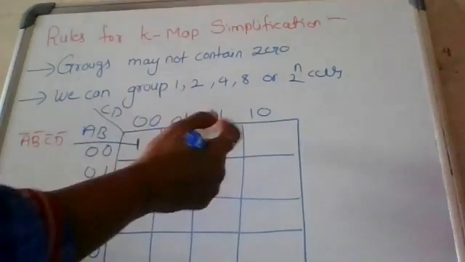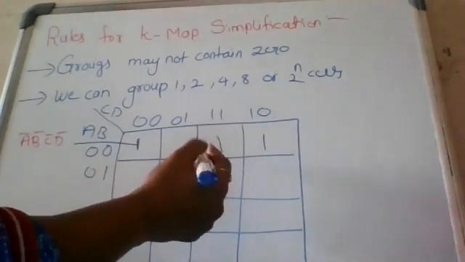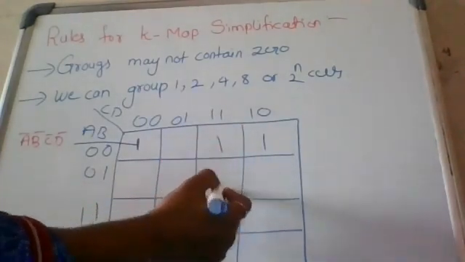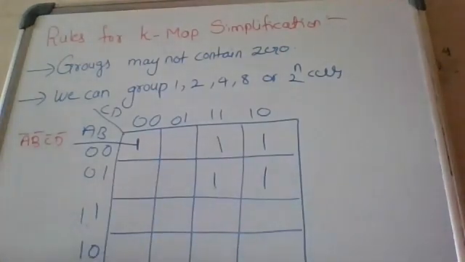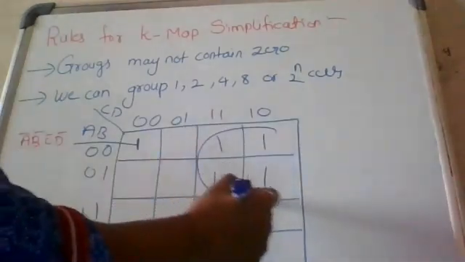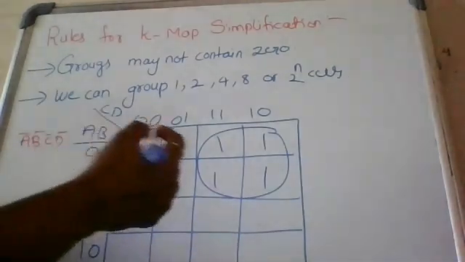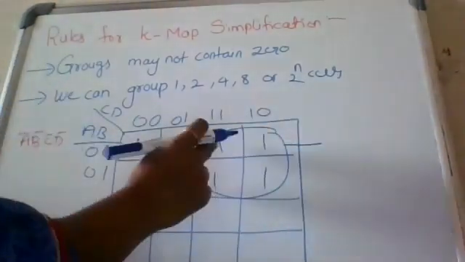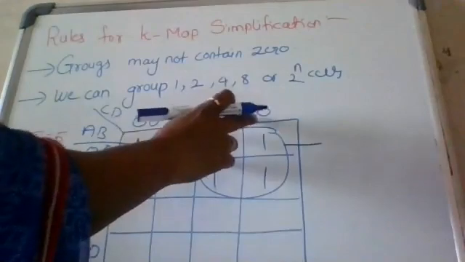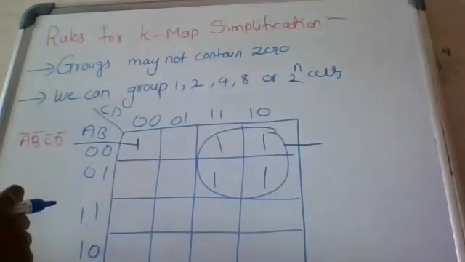Next, if here we also have 1 1 1 1, this is also one group. In this we have 1 1 1 0 1 1 1 0.